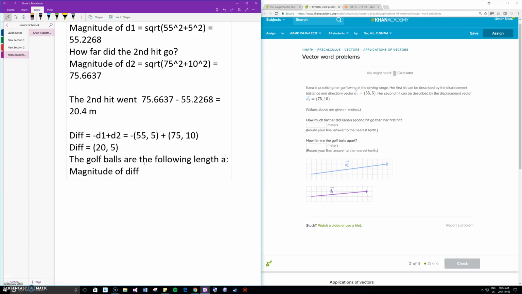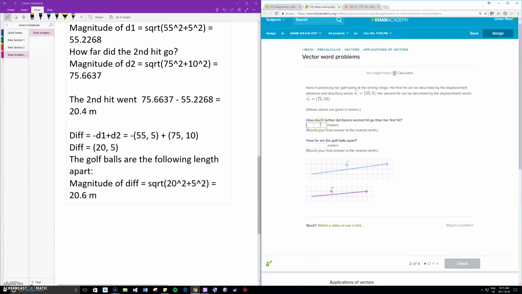I should have said that. Magnitude of the difference vector is square root of 20 squared plus 5 squared. There we go. So they're roughly 20 meters apart, round to the nearest tenth. So there it is, 20.6 meters apart.